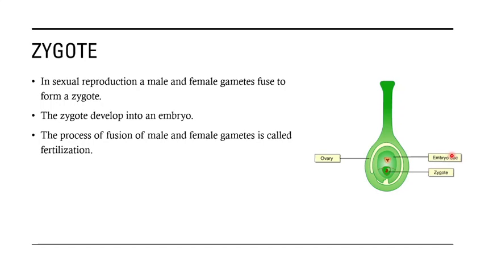Male and female gametes fuse to form a zygote, which is a unicellular thing.